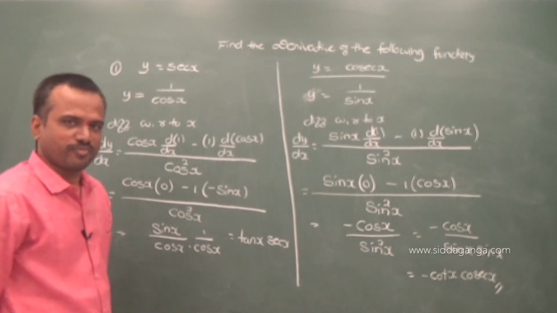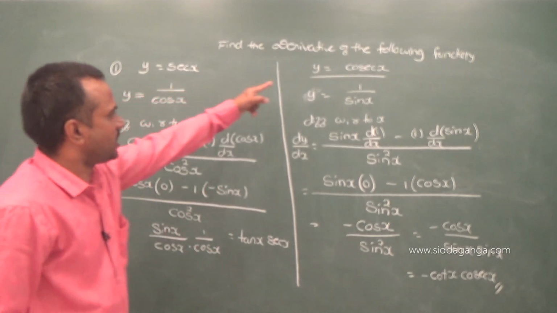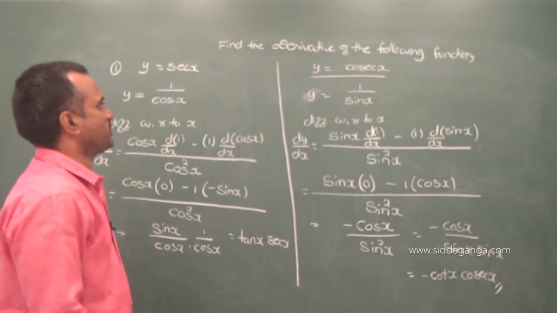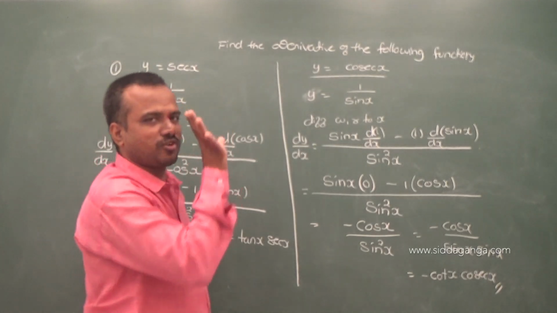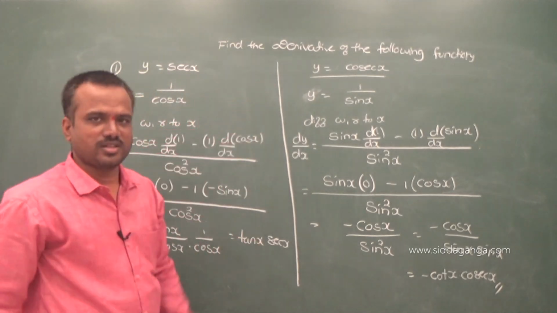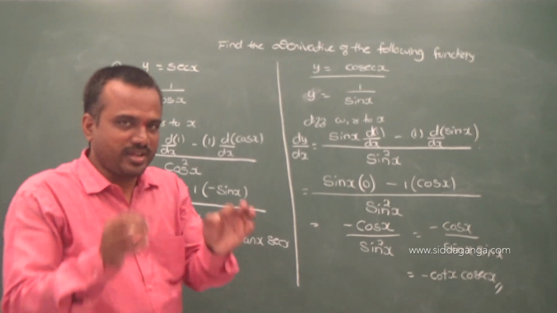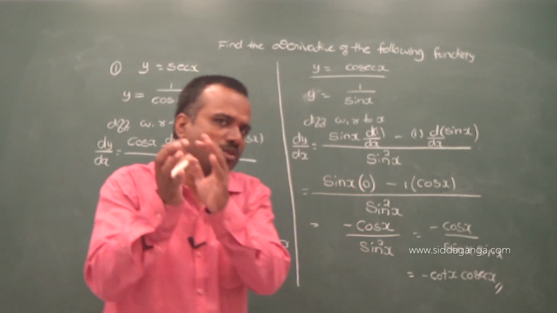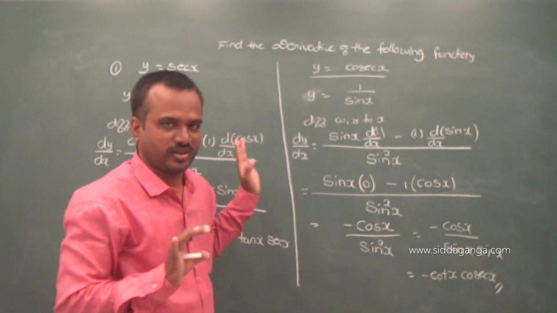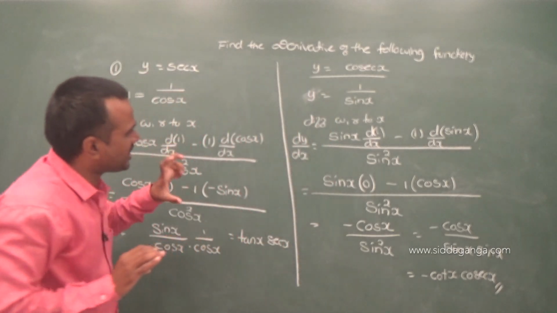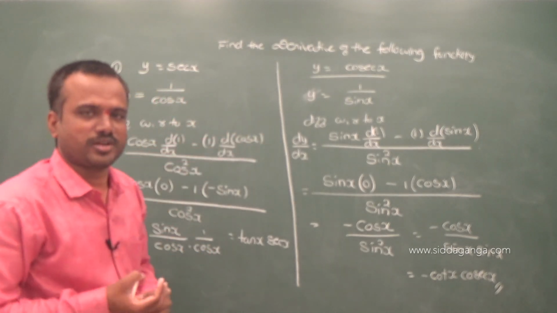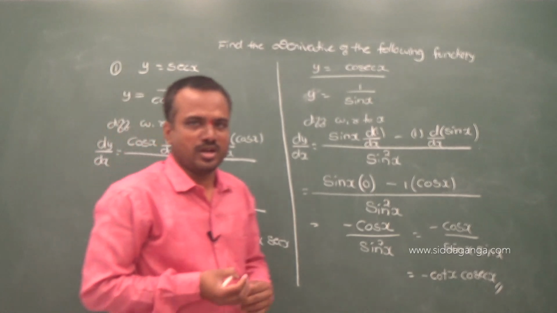Observe these two proofs: one is secant x, another one is cosecant x. Find the derivative of the following functions. If suppose he asks using first principle, as we discussed in the previous derivation, that is different. But if he simply asks the derivative of secant x and cosecant x, it is better to follow this method. Got my point?